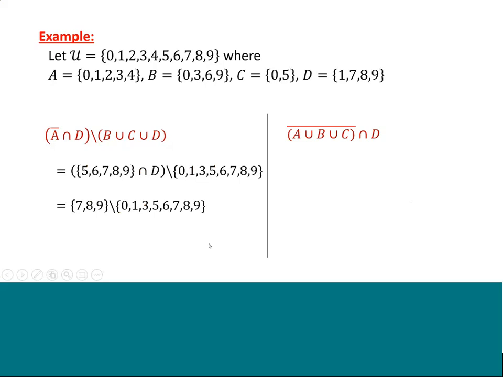Now here's the part where people all of a sudden their brain starts freezing on them. If we want to set subtract this set, which is much, much larger than this set right here, and I keep saying this and that set because there's no names for either of these guys, any guesses what the answer would be? Don't overthink this. It all goes back to the definition of set subtraction.